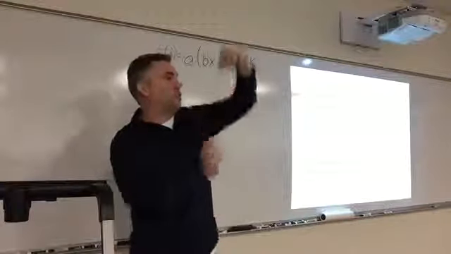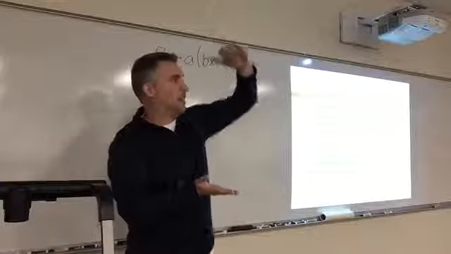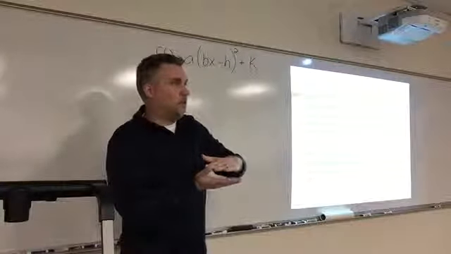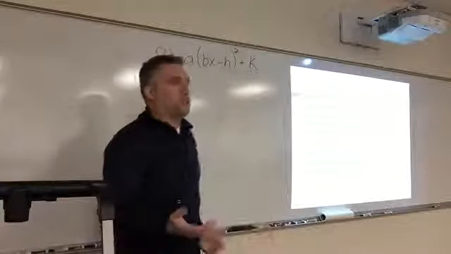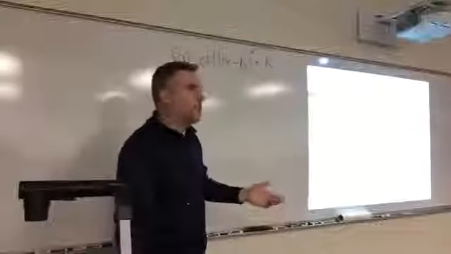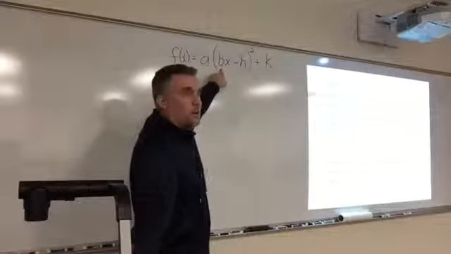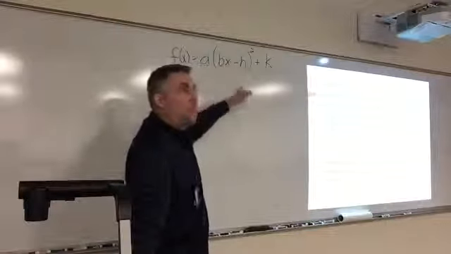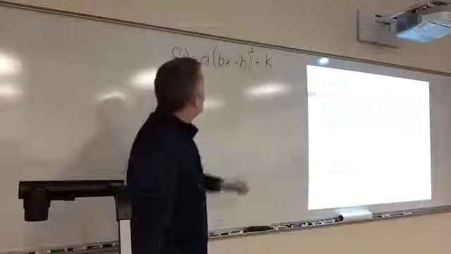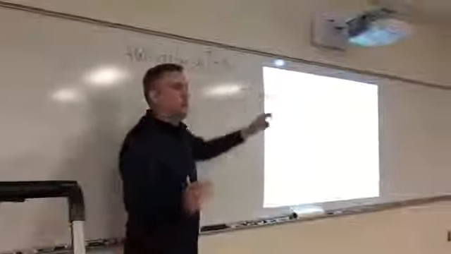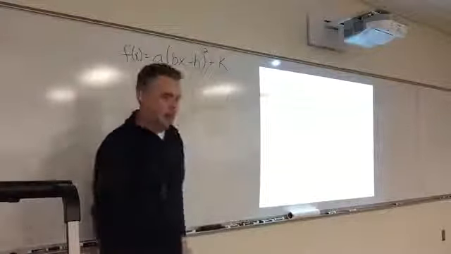It'll stretch if it's larger than 1. It'll shrink if it's less than 1, right? And if A is 1, it has no effect whatsoever because anything times 1 is just itself, right? Same thing with B. If B is 1, it's like it's not even there. But if it's smaller than 1, that has an effect. If it's bigger than 1, that has an effect. And then, of course, K, our very last thing, shifts it up and down, right?